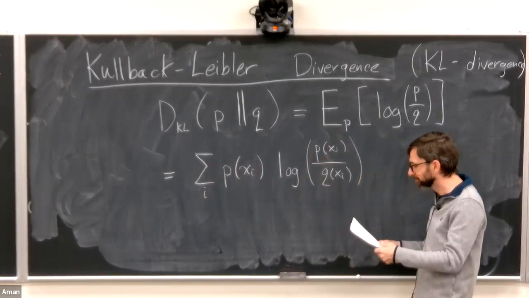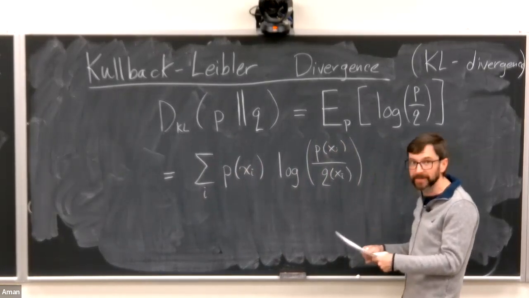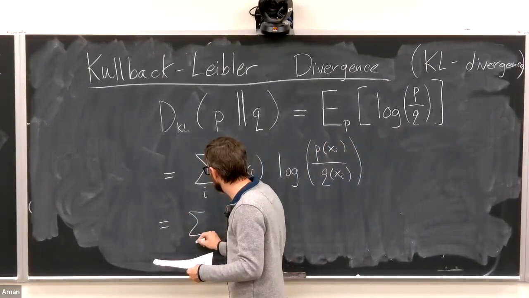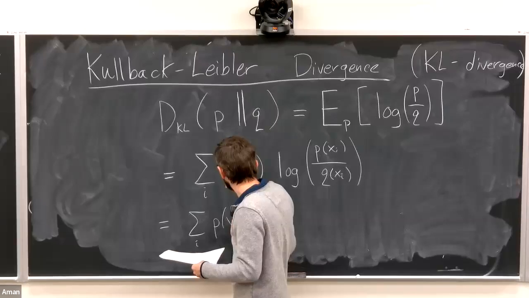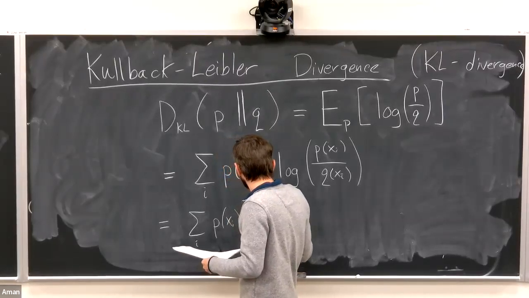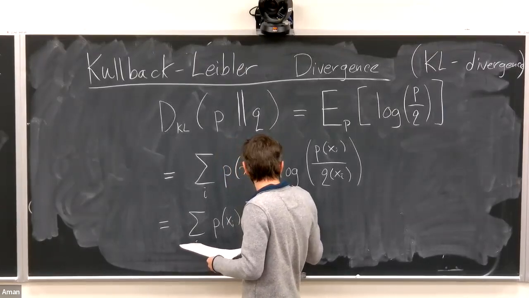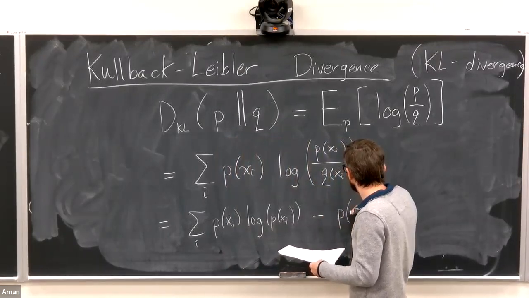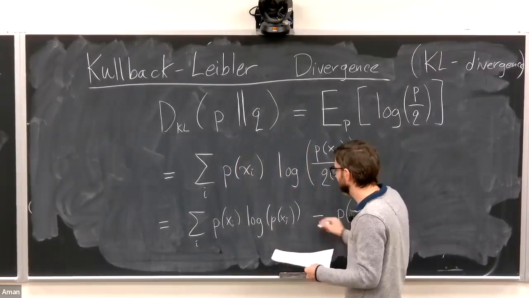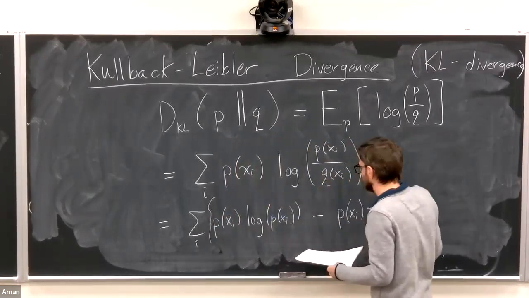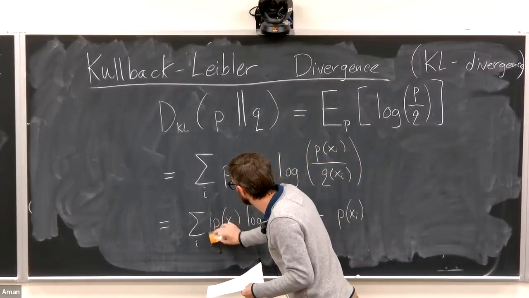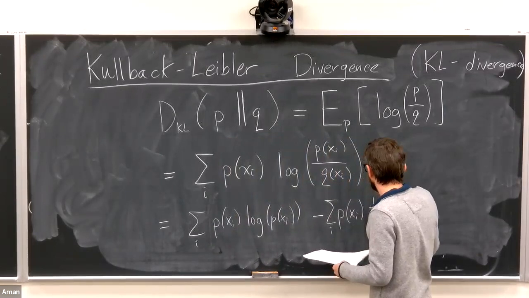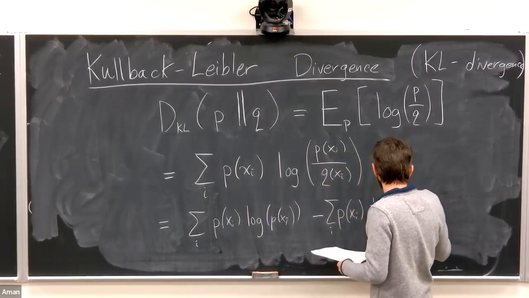Let me really quickly, since I'm out of time, expand this to make a point and connect it to entropy. This is the sum of P of xi log P of xi, and minus the sum of P of xi log Q of xi.